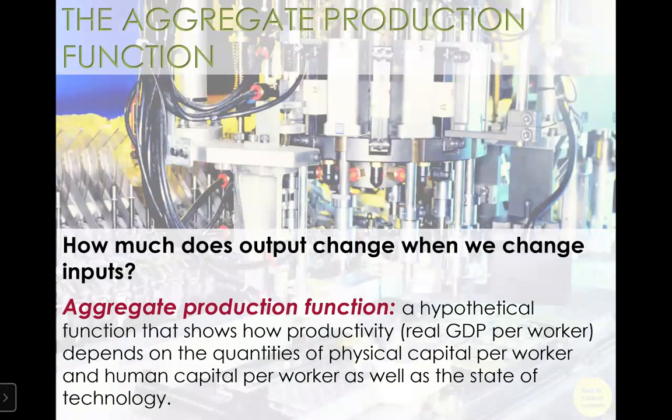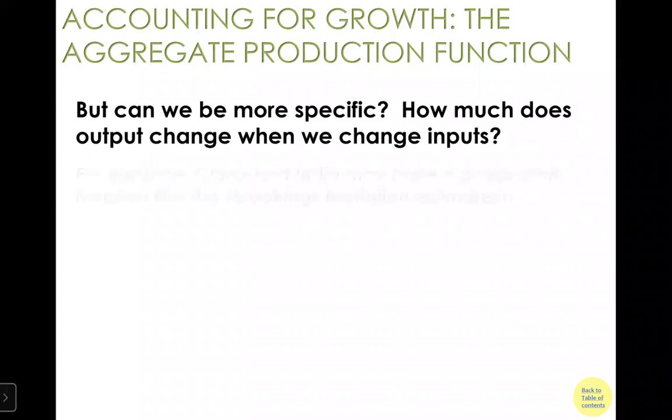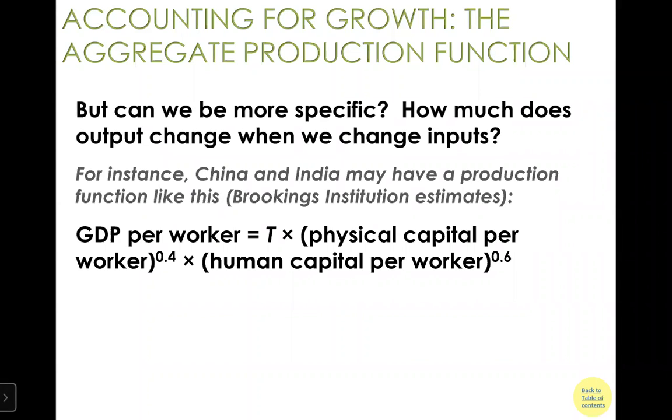And here, we are going to have an aggregate production function, which is a hypothetical function that shows how productivity, measured by real GDP per worker, depends on the quantity of physical capital, human capital, and the state of technology. Usually we have a functional form like this equation. On the left-hand side, you have GDP per worker, that is labor productivity. On the right-hand side, GDP per worker is determined by physical capital per worker, human capital per worker, and lastly, technology.